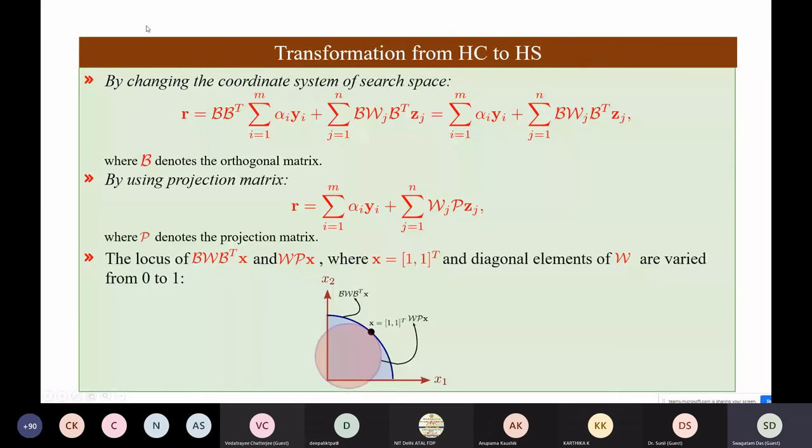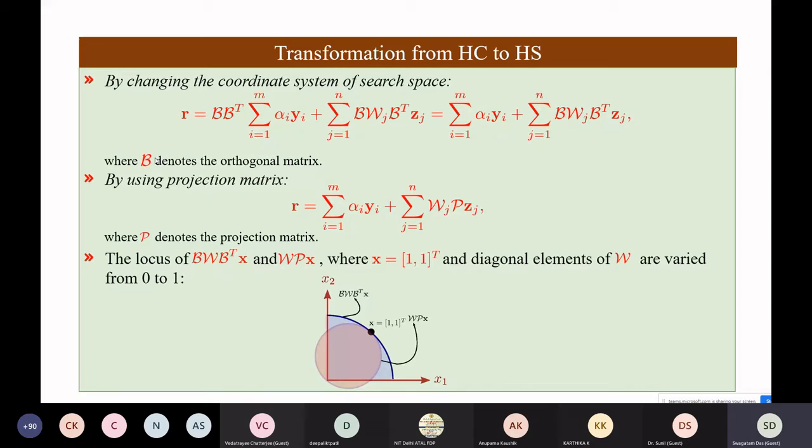So when we transform, we can change the coordinate system of the search space by using a B, which is an orthogonal matrix. We know an orthogonal matrix is a matrix whose transpose is its inverse. So if B is an orthogonal matrix, then B B transpose is actually I, the identity matrix.